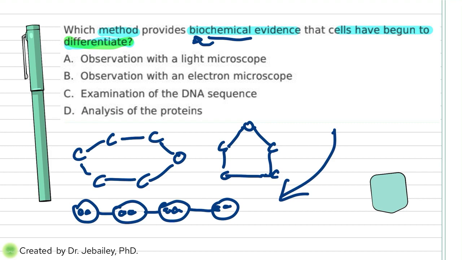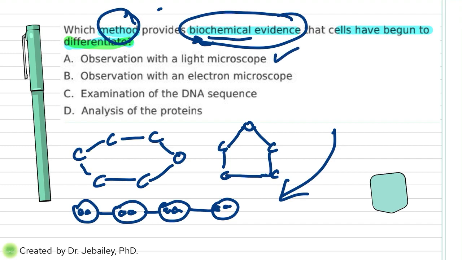So let's look at the options. Now, before I get to the options, just make it clear that we're talking about what is the method that provides biochemical evidence. So if you observe in a light microscope, can you actually see biochemical evidence?